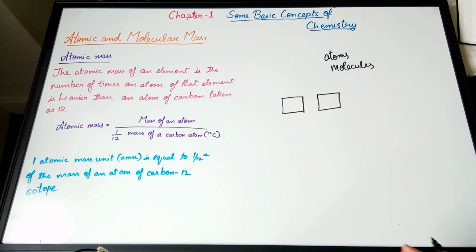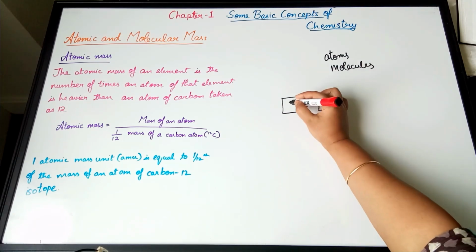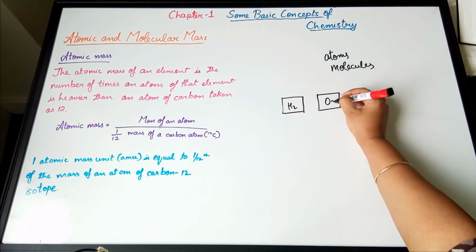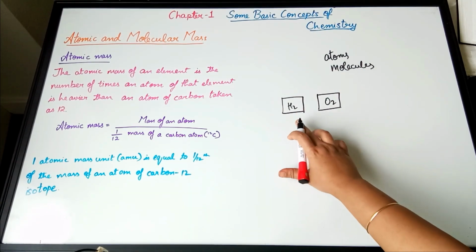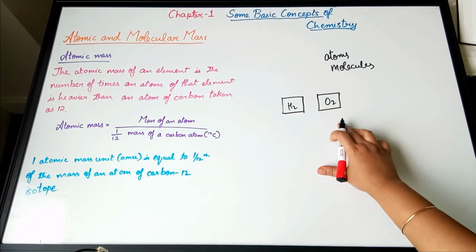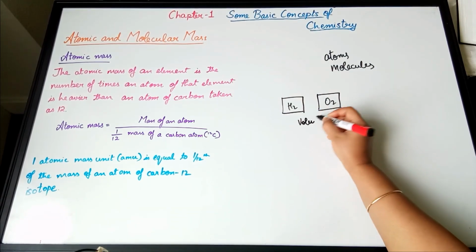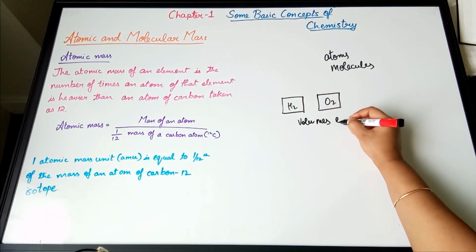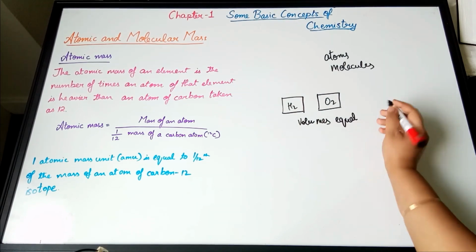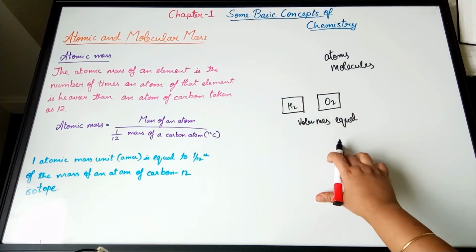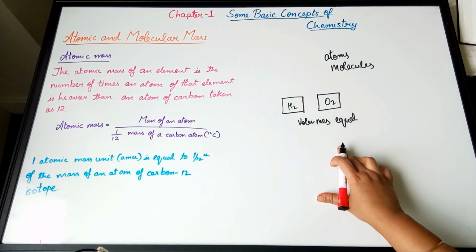So let's assume we have two containers, and we are filling them up with hydrogen and oxygen. The volume of hydrogen gas is equal to the volume of oxygen gas. So the volumes are equal, and here the conditions of temperature and pressure are going to be the same.